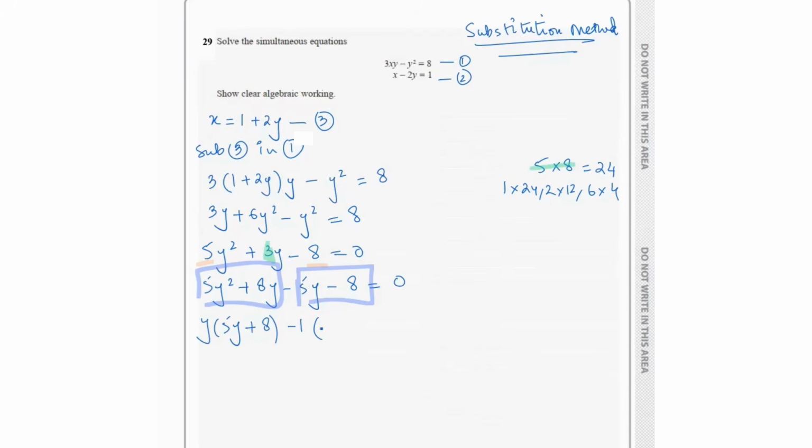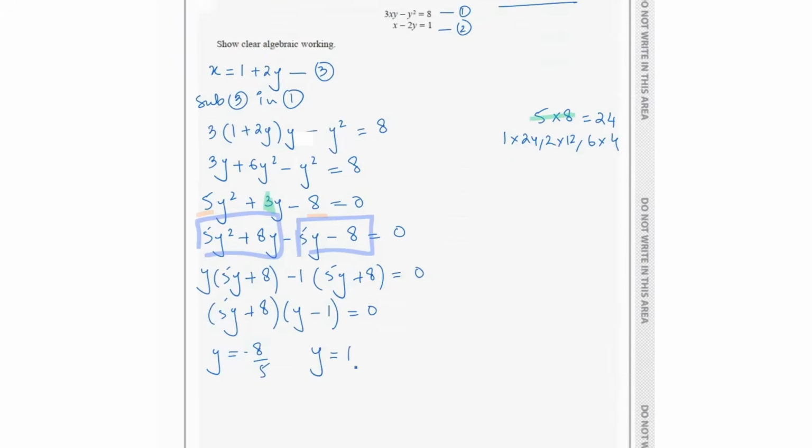Whenever you don't see anything common, 1 will always be common, because every number is multiplied by 1. So -1 is taken common, which leaves 5y plus 8 in the bracket. Now, between 5y plus 8 and y minus 1, we get the factors. So one value of y is -8 over 5 and the other is +1.